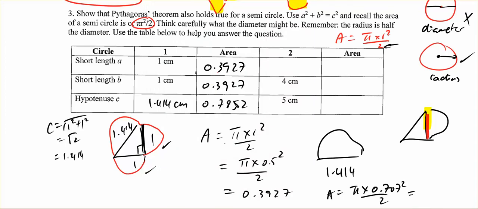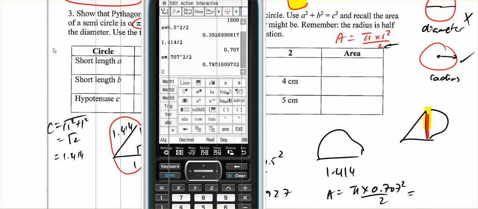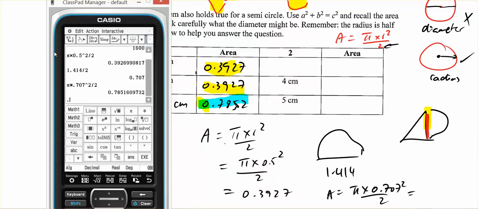0.7852. Now let's do a check. Do these two areas add together to give you roughly this area? Okay, let's double check. Let's see what 0.3927 plus 0.3927 is. 0.7854.